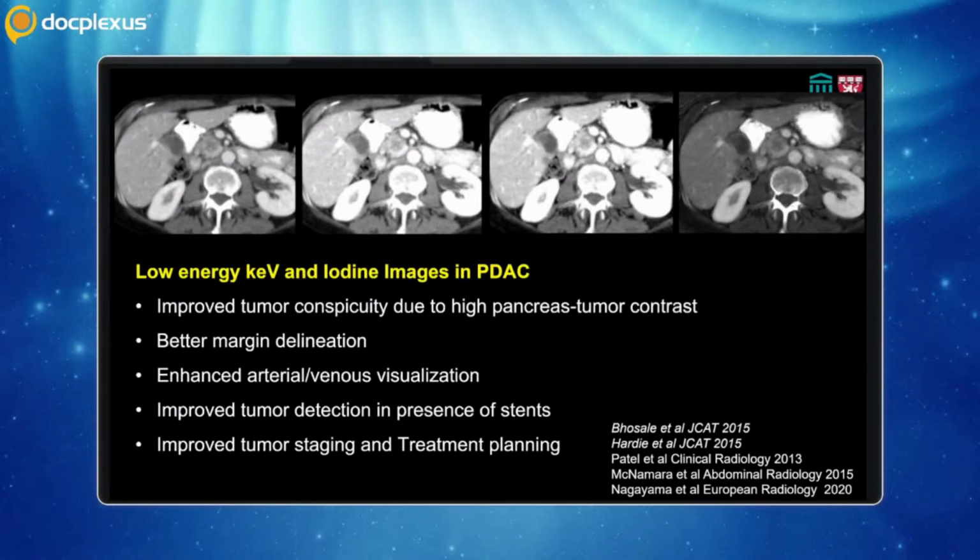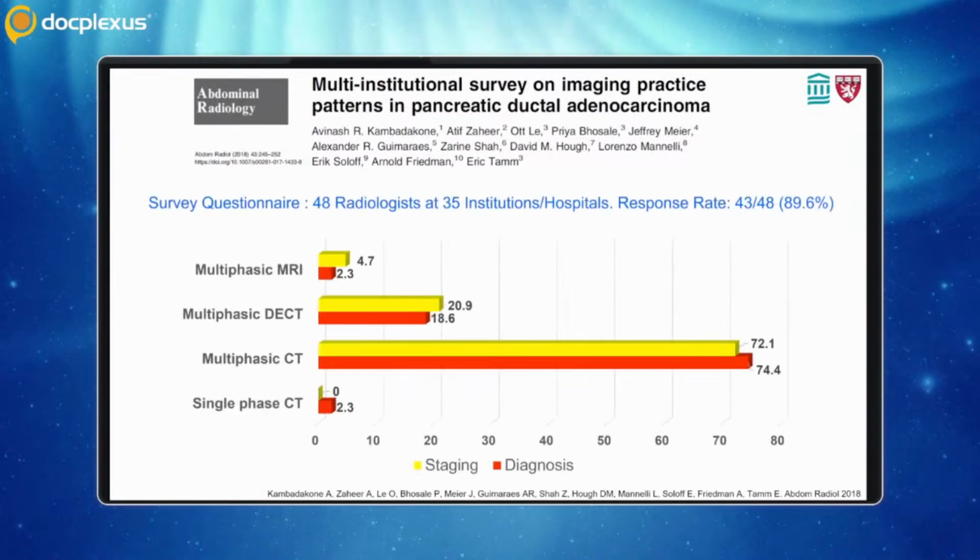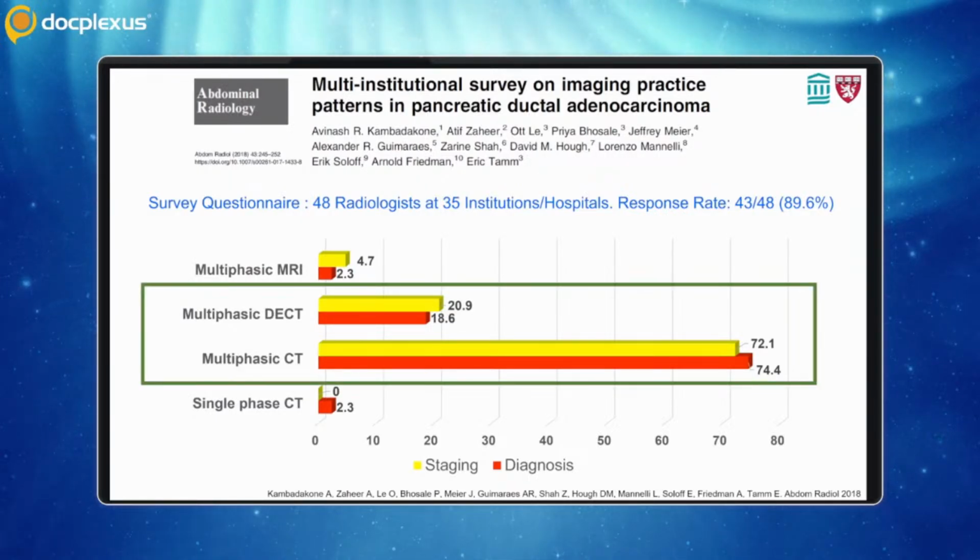In fact, if you look at this multi-institutional study we did across the US, trying to identify the trend for imaging in patients with pancreatic cancer, we found that nearly 90% of the sites performed either a single energy CT or a multiphasic single energy CT or dual energy CT for evaluation of pancreatic cancer. MR was infrequently performed, so was a single phase portal venous phase CT.